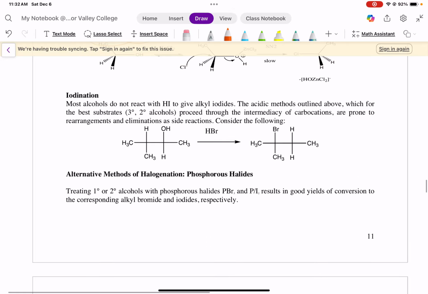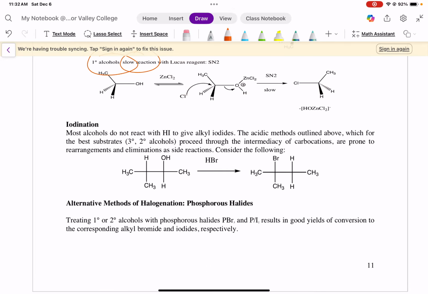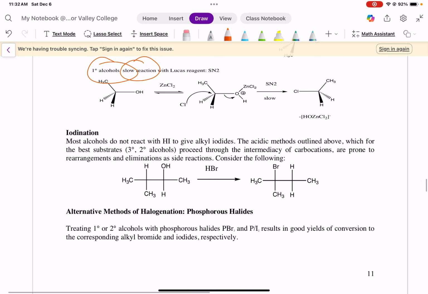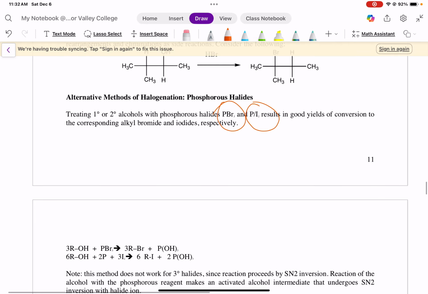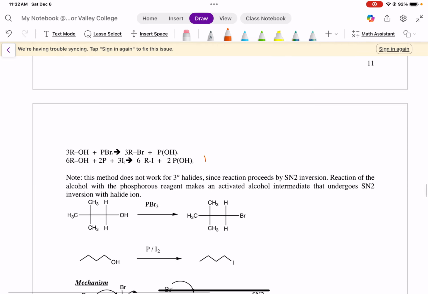We can also do iodinations, that would be replacing the OH with the iodide. Now HI doesn't react, but we can also use PI3. Like in this case right here, if you want to replace the alcohol with the iodide, and iodide is an excellent leaving group, of course.